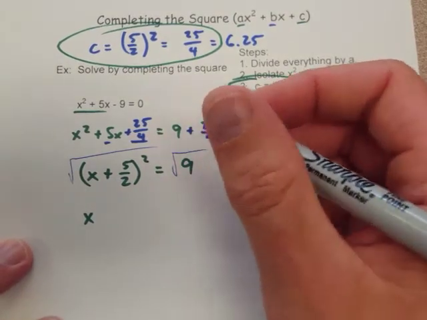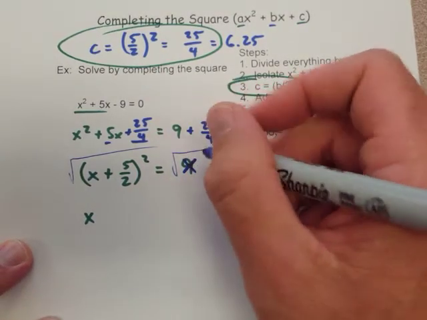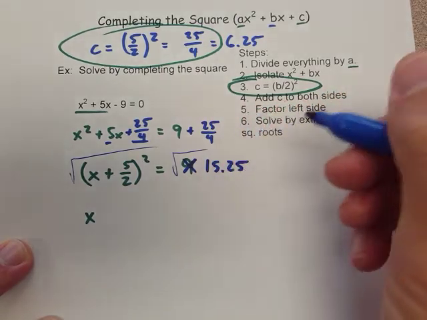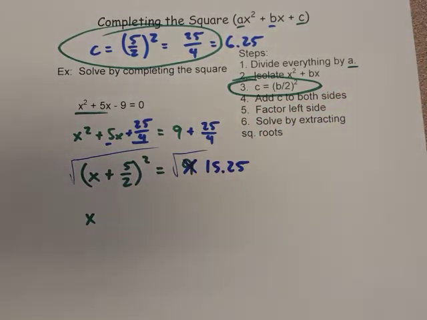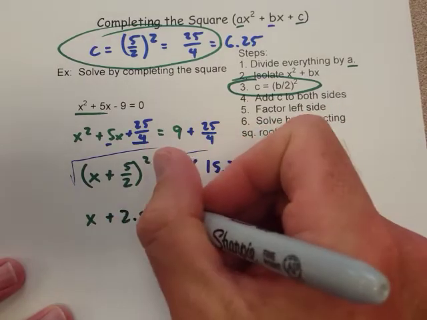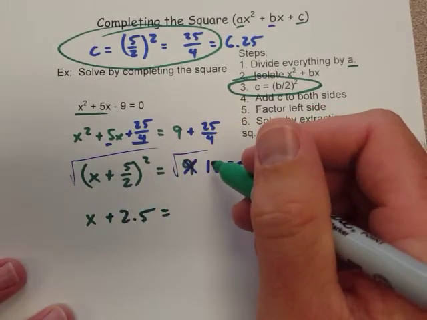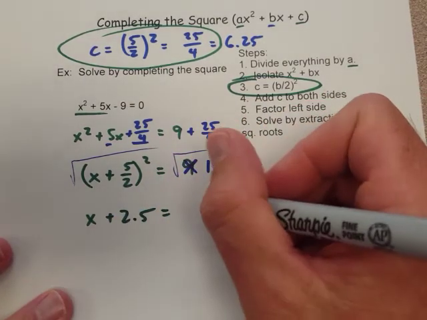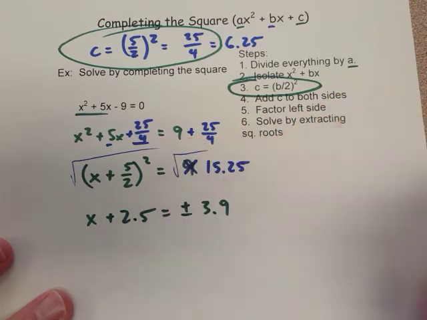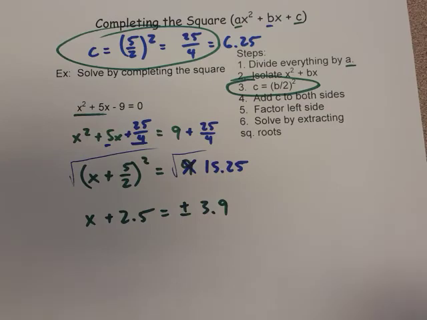This is where I'm going to turn it into decimal numbers. And so I'm going to call this one 15.25. And then over here, once I take that square root, I'm going to go x plus 2.5. And then over here, the square root of 15.25 is approximately 3.9. Don't forget about the plus and minus over on that side.